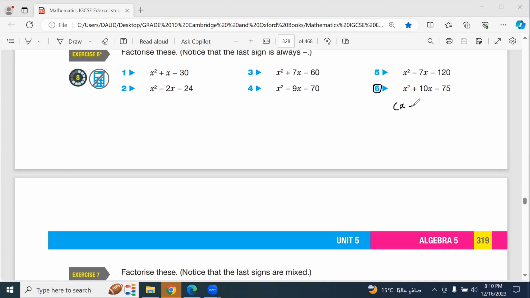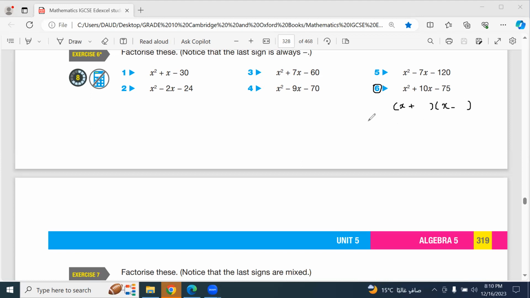So x one sign positive, and x one sign negative. Remember we will think again about the product, which is 75, and the sum is 10, which is the middle value. Which two numbers will help us get exactly 75, and if we subtract, get 10?